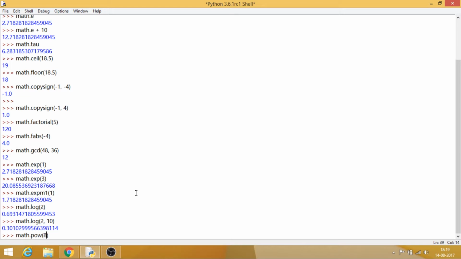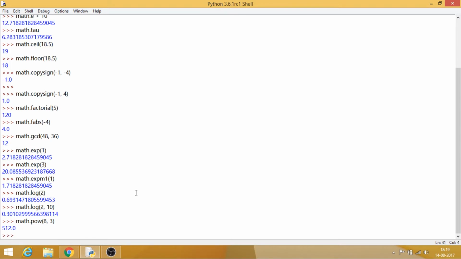So let's say 8 and 3, and it will give us 512. It gives 512, but this is in the form of a float. If you want it in the form of an integer, you can use the asterisk thing that I taught you.